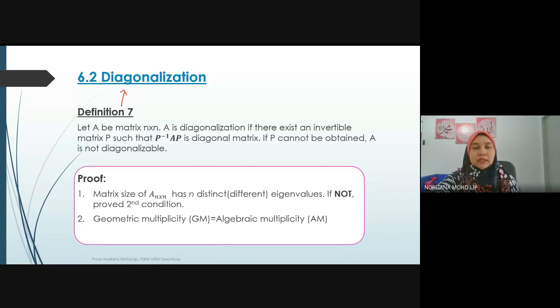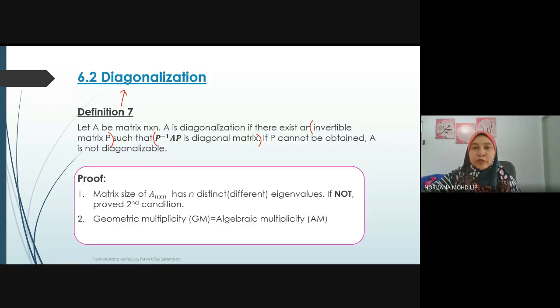A is diagonalizable if there exists an invertible matrix P such that P inverse times AP is a diagonal matrix. If P cannot be obtained, so A is not diagonalizable.